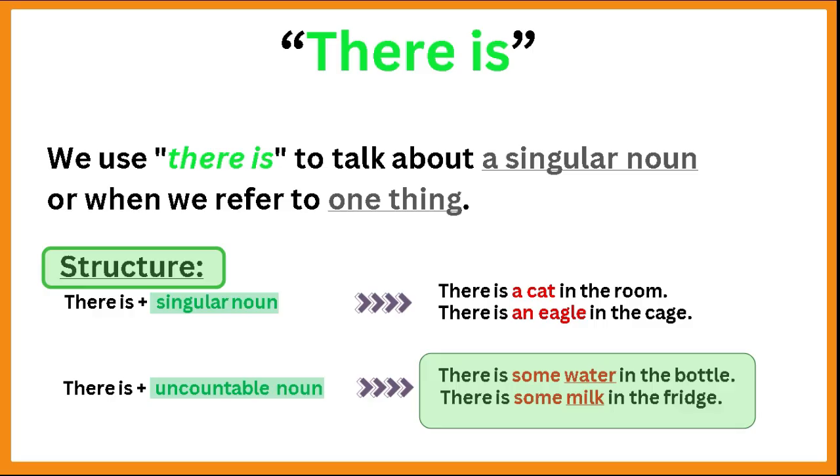Water and milk are both uncountable nouns, and uncountable nouns are commonly treated as singular nouns. That is why you use there is when there is an uncountable noun in your sentence. So there is is followed by an uncountable noun.